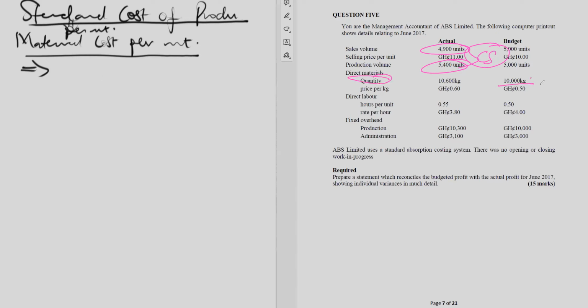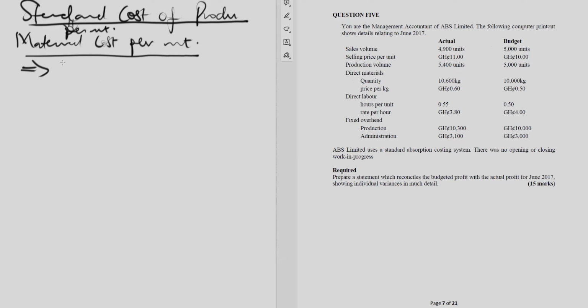It means that this 10,000 kg was actually used to produce 5,000 units. So if 10,000 was for 5,000 units, then what quantity did we have for every one unit?